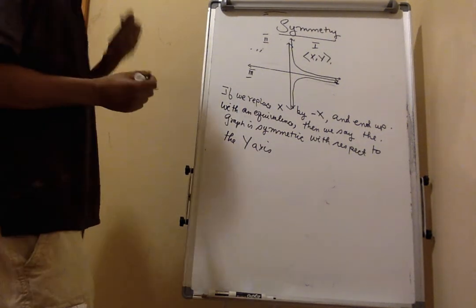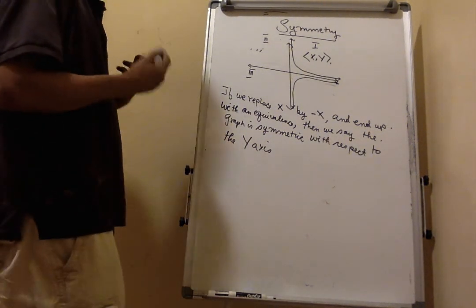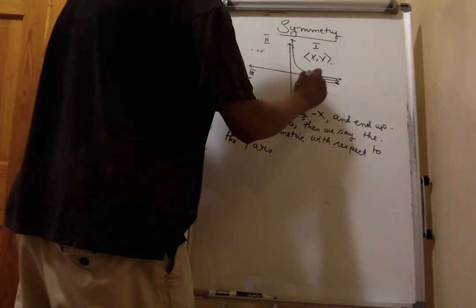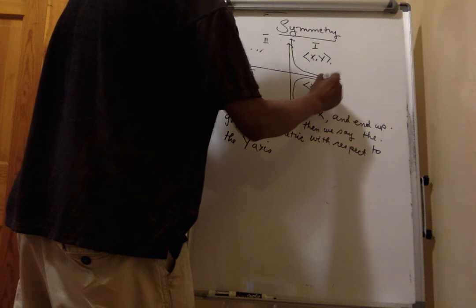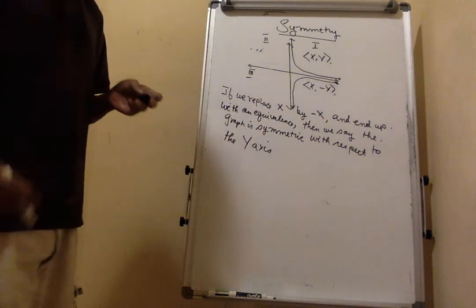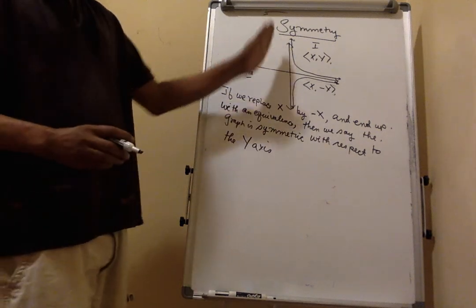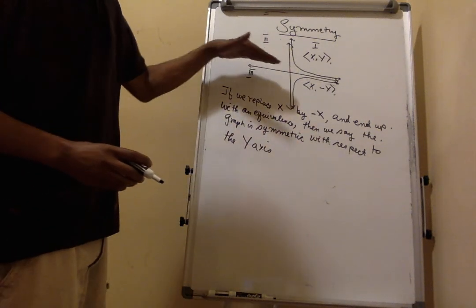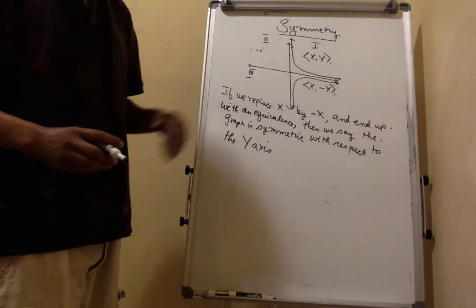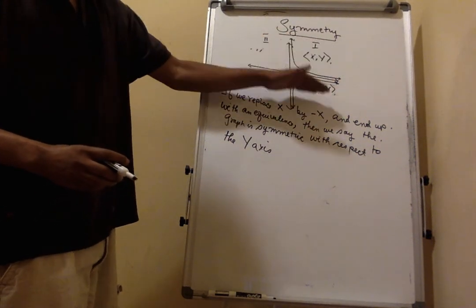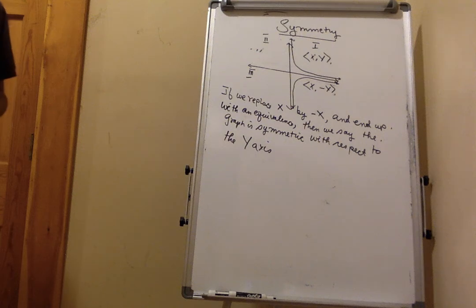In this instance, the value of x stays positive, but the value of y stays negative. And you can see the reflection now, not standing at the y-axis, but if you stand across the x-axis. So that's how you see the reflection of xy into x and negative y.